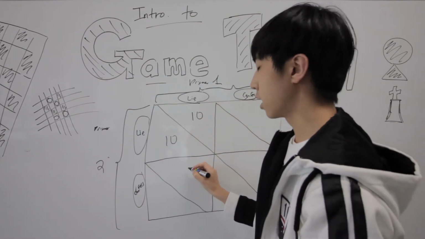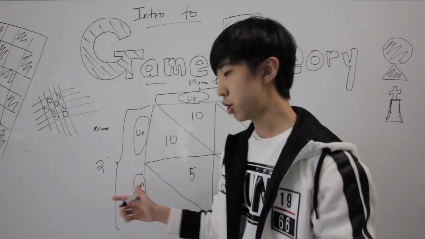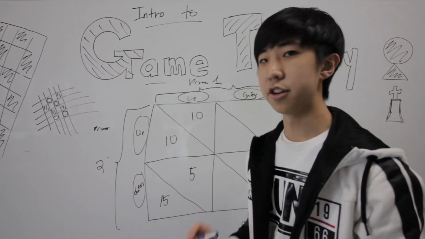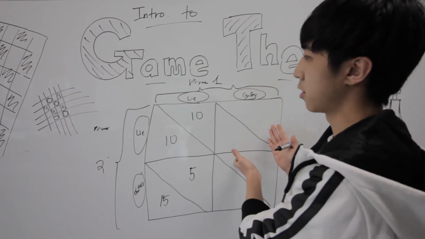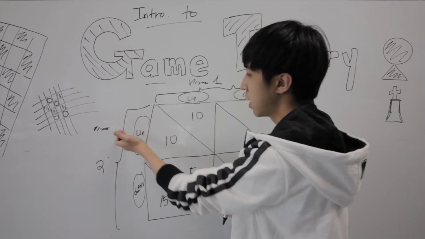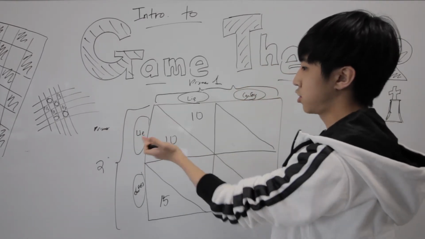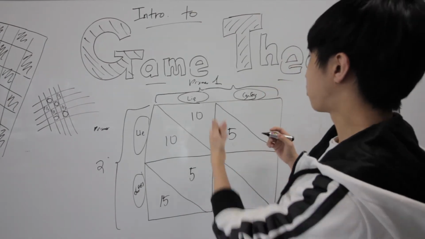Well, it would be a shortened prison term, which is 5 years, whereas for prisoner 2, it would be longer, of 15 years. Now, the third set of consequences would be here, where if prisoner 1 decides to confess and prisoner 2 decides to lie, prisoner 2 will get 5 years in jail, whereas prisoner 1 may get 15.